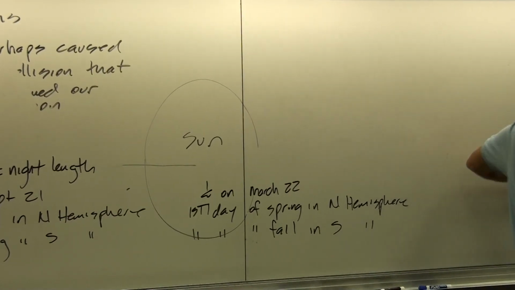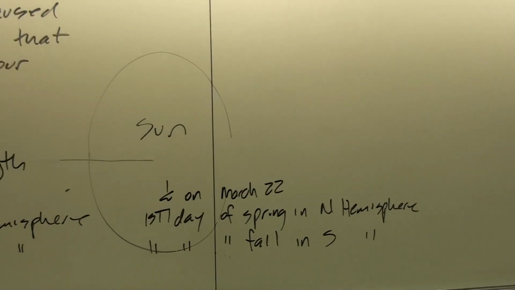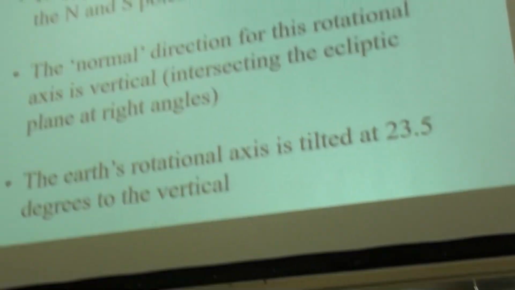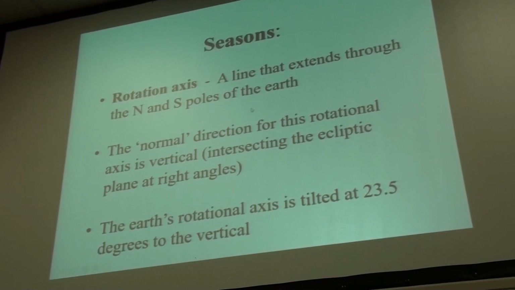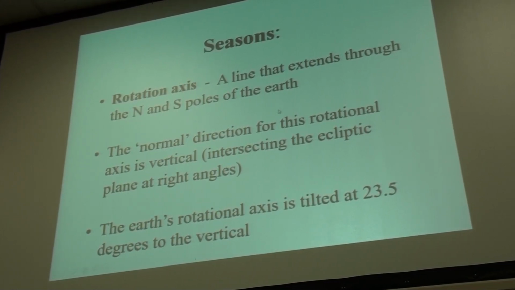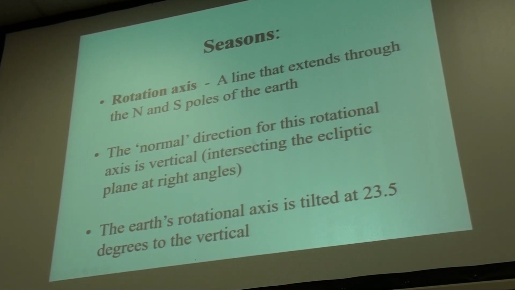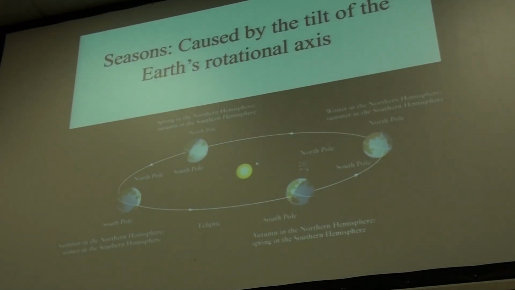So if we want to take a look at the data projector for a second, we can see a couple of these things summarized. The rotational axis, a line that extends through the north and south poles of the Earth. The normal direction is vertical, which intercepts the ecliptic plane at right angles, and the rotational axis is 23.5.